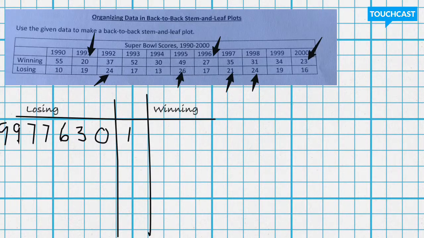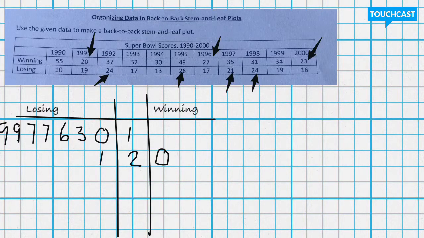So we're going to write a 2 in our stem, and now we're going to look at what was our smallest number that started with the 2. That was 20, which was a winning score, so we'll put a 0 in our winning column. Then our next smallest was 21, which was a losing score, so we'll write that in our losing column.